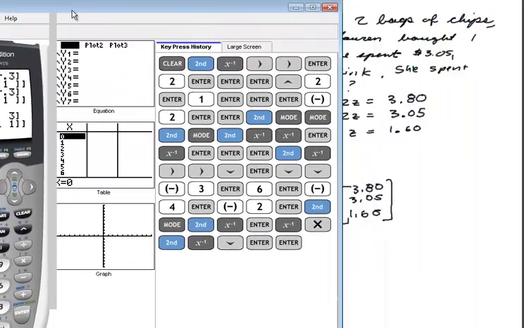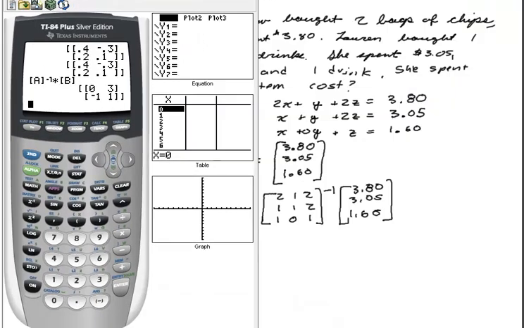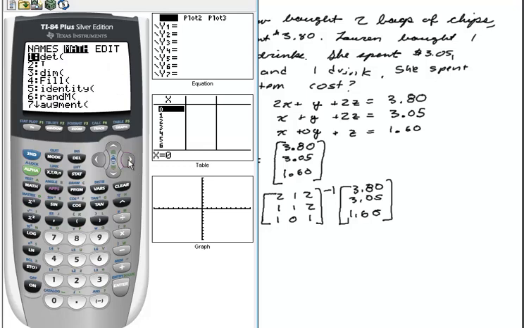Okay, now I'm going to put these matrices into my calculator. I'm going to put this matrix into matrix A and this matrix into matrix B. So second matrix, edit. It's a 3 by 3 matrix. And my values are 2, 1, 2, 1, 1, 2, 1, 0, 1.